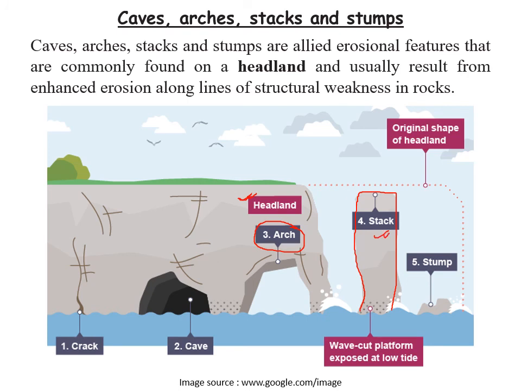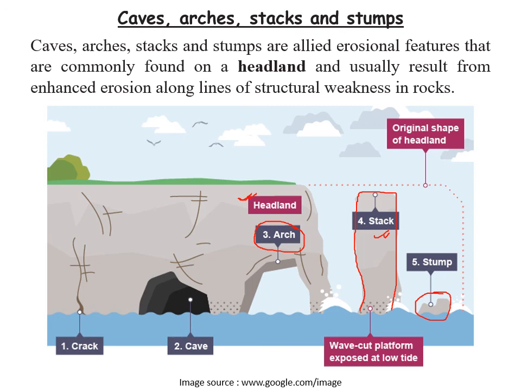Now, with time, this stack is also eroded and gradually lowers in size and forms stumps. So, ultimately, in the headland areas where wave activity is more pronounced from all three sides, if the headland rocks have some fractures or joints, that is, some pre-existing weak planes, those are the areas where wave activity is more pronounced, and with time erosion occurs more and more and forms caves.